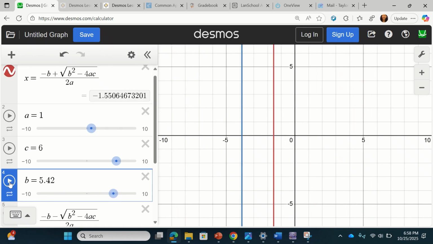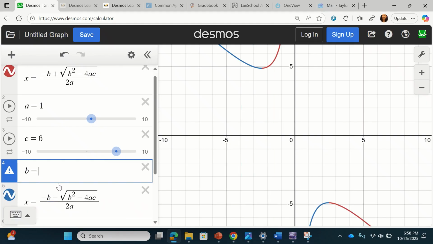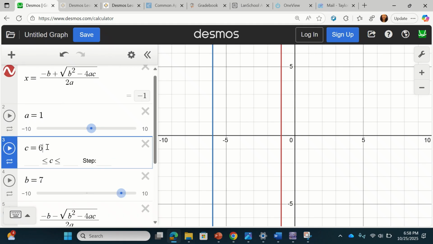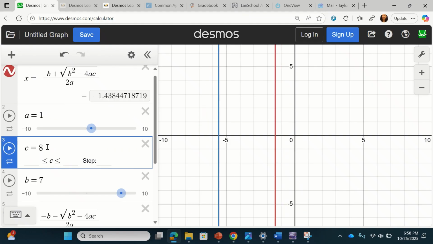You can also click there and just enter in the value that you want. So B is 7. Now notice this did not go A, B, C for me, and that's because of the order you type them in. And what was C? C is 8. So you can just click there and type them in.